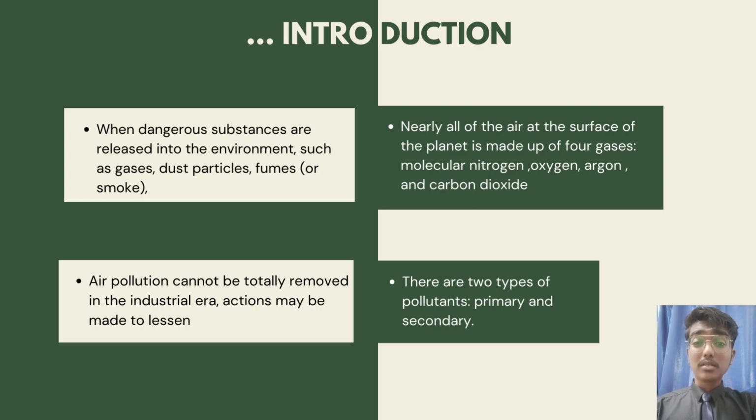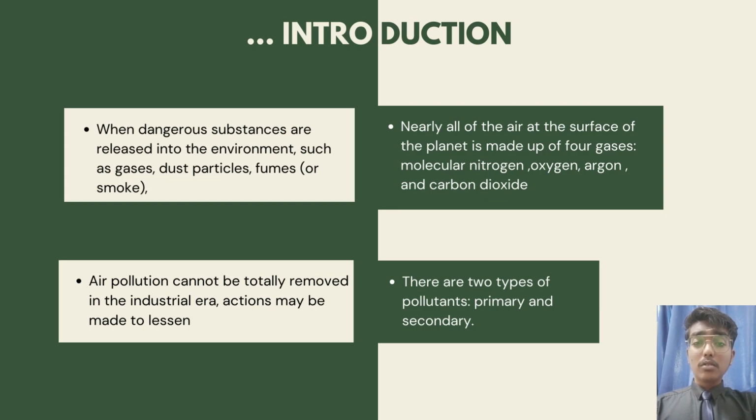Only the carbon dioxide concentration has been rising among them since the Industrial Revolution. The dry composition of the atmosphere is exceedingly stable since argon is a noble gas and the other three gases are extremely stable and non-reactive at atmospheric pressure and temperature.